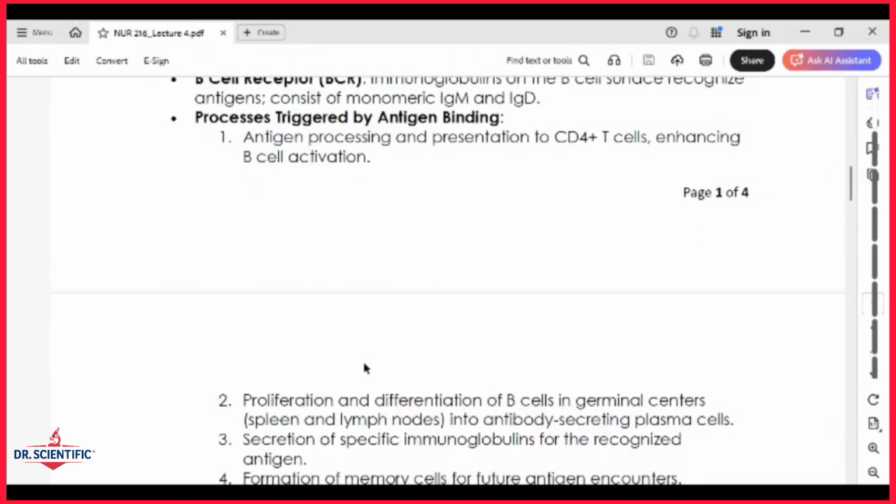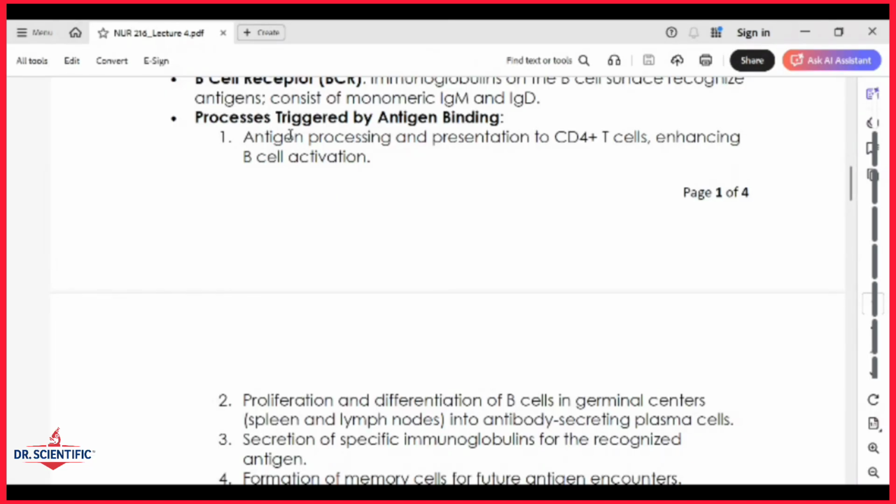So of course, antigen processing and presentation to CD4 T cells enhances B cell activation. The moment an antigen is presented, first of all, it's processed, meaning it's digested and its peptides are carried on the groove of the major histocompatibility complex.